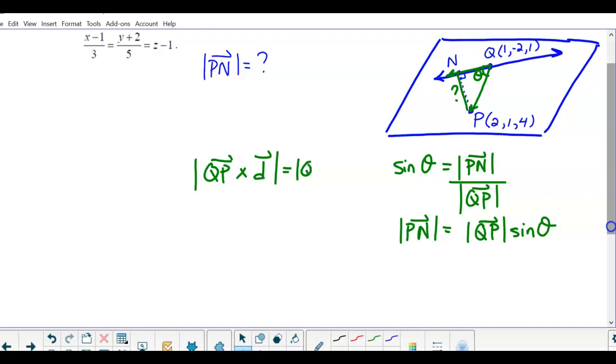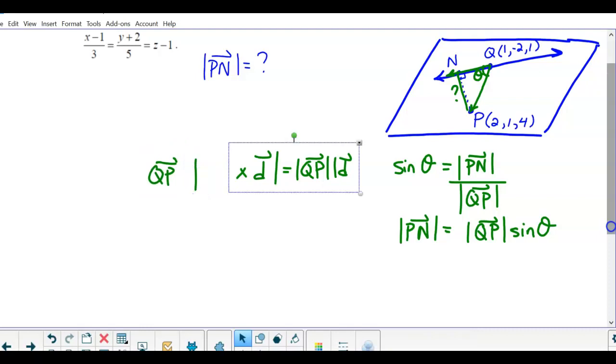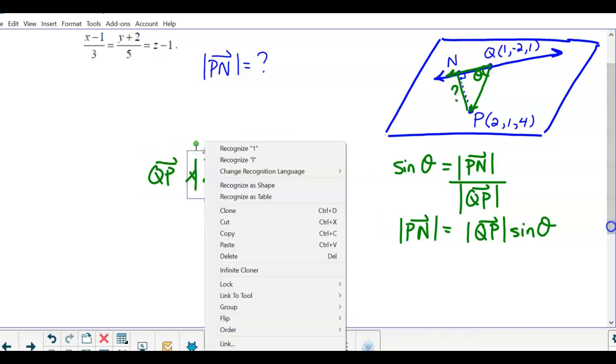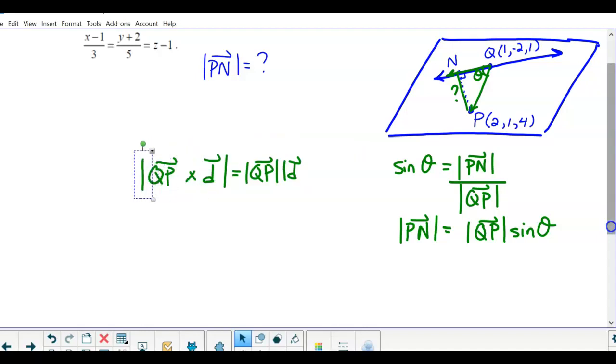There's the magnitude of 2p, direction vector, and then sine theta. Right, that's the geometric definition, the magnitude of the cross product.